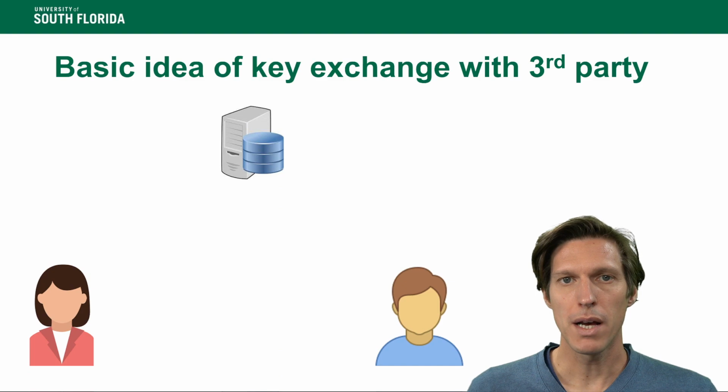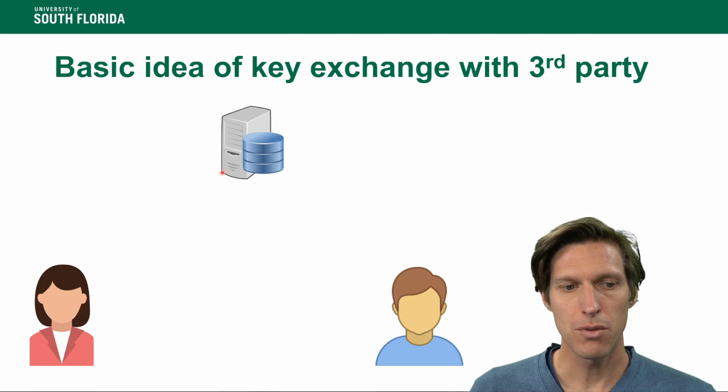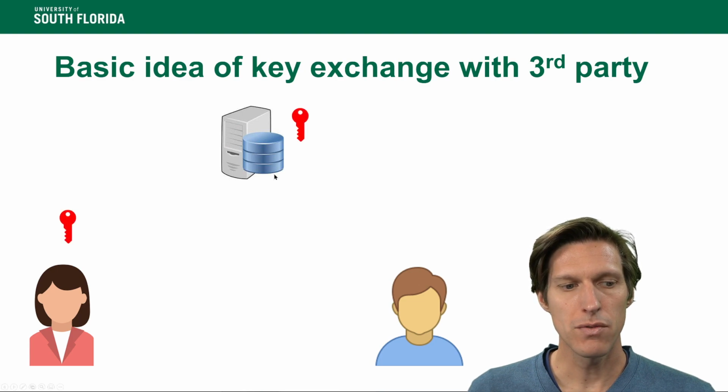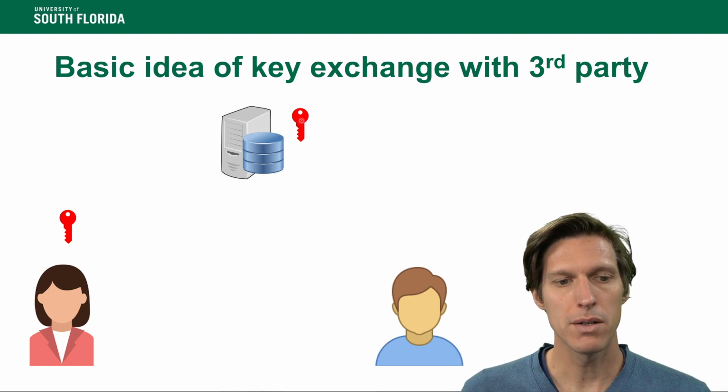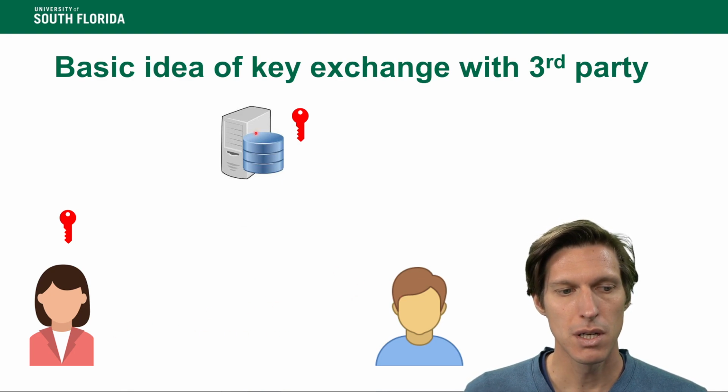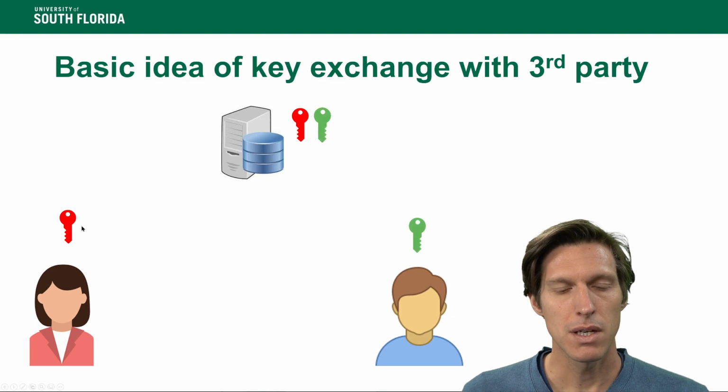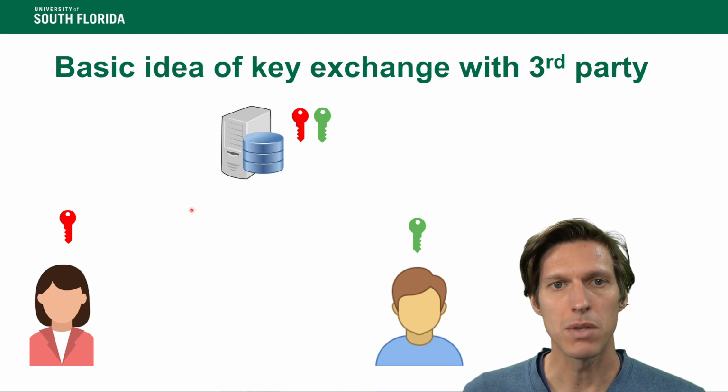Now we have modeled the trusted third party as a server here. Originally, that server has a key shared with Alice, so prior to this initiation, Alice already shares a key with the server. The server is also assumed to share a key with Bob. So Bob and the server, as well as Alice and the server, can have secure communications.